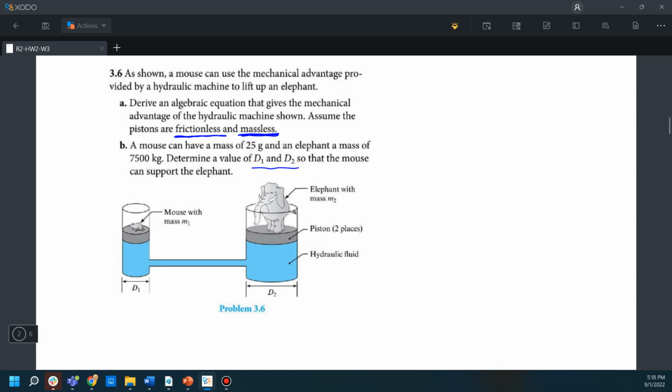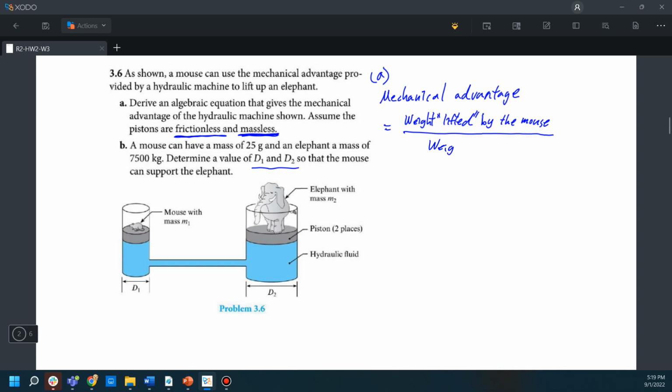Okay, so for subproblem A, the definition of mechanical advantage is equal to the weight lifted by the mouse over the weight of the mouse.